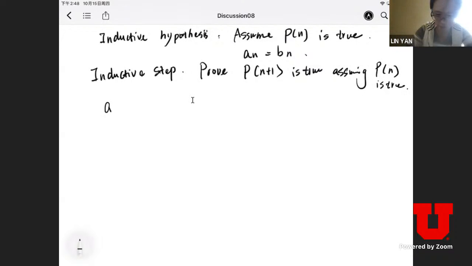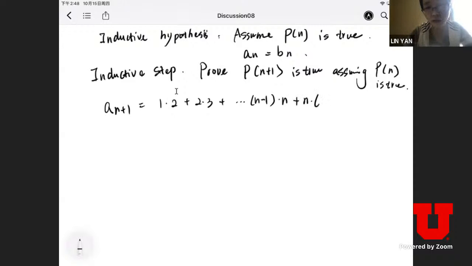So we can start from Pn plus 1. It is equal to 1 times 2 plus 2 times 3 plus up to, I think it's n minus 1 times n, plus, because it is n plus 1, we still need to add an additional item.